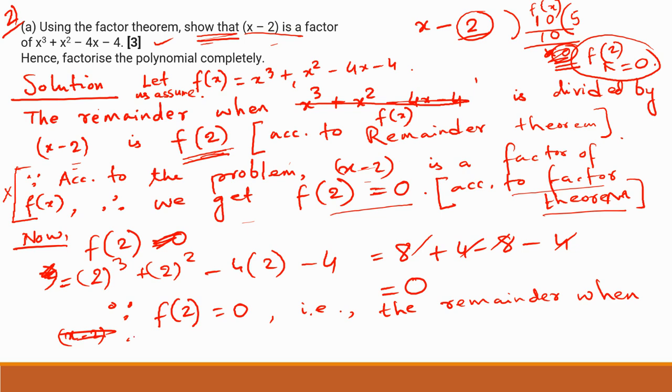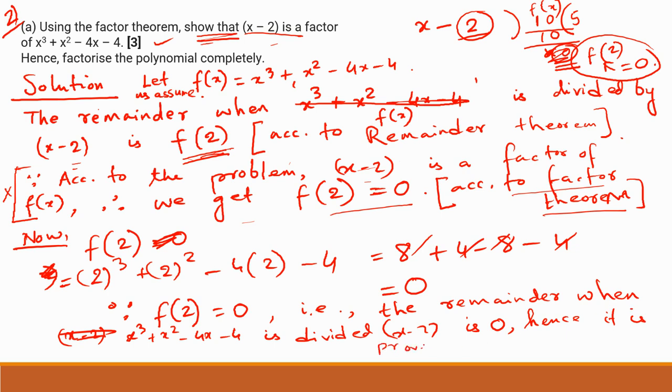The remainder when x cube plus x square minus 4x minus 4 is divided by x minus 2 is 0. Hence it is proved. x minus 2 is a factor of this expression, and you can write proved here.